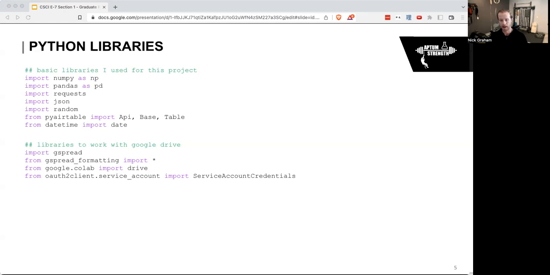And then I would import that data into Python using the Airtable API and structure the workouts that way. Datetime, to set dates for the workouts. And then I also did some work in Google Drive. Ultimately, what I wanted to do is export the workout in an easy-to-use format, and I chose Google Sheets as the program to export into. So I had to use a number of libraries that allowed me to work with Google Sheets and Google Drive to be able to perform that function.